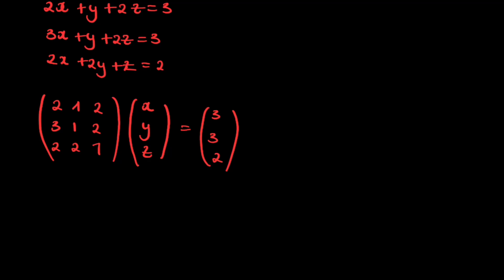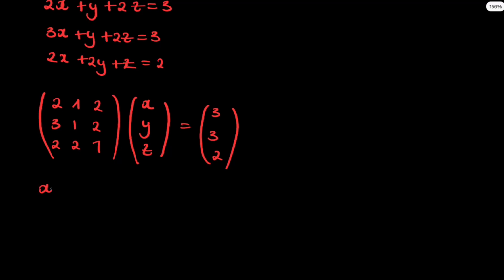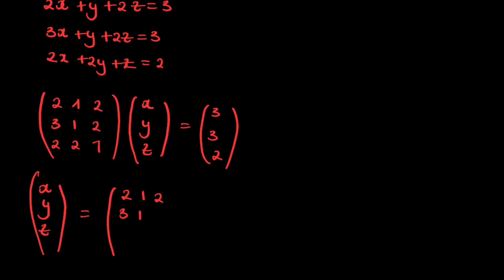And to find these values of x, y, and z, we simply take the inverse of this matrix, 2, 1, 2, 3, 1, 2, 2, 2, 1, times 3, 3, 2.